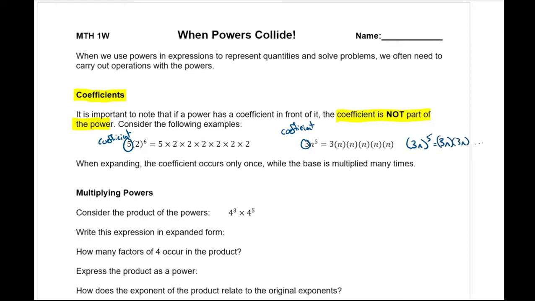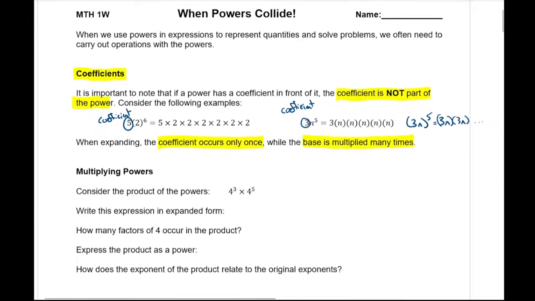Only if it's included in brackets will you have multiple things attached to that exponent. When expanding, the coefficient only occurs once, while the base is multiplied many times, as we normally do with powers.